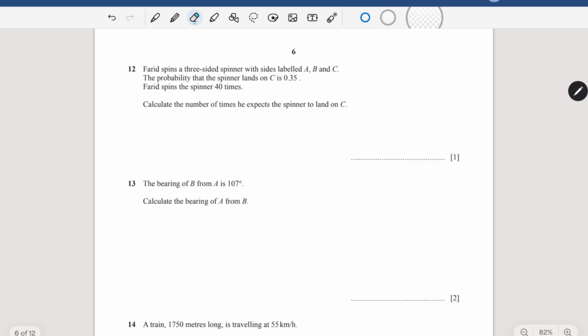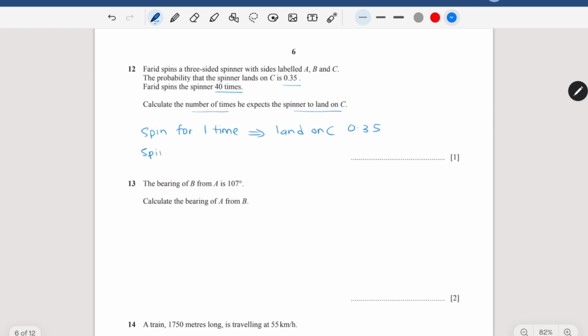Question 12. Farid spins a 3-sided spinner with sides labeled A, B and C. The probability that the spinner lands on C is 0.35. Farid spins the spinner 40 times. Calculate the number of times he expects the spinner to land on C. So, if we spin the spinner one time only, the probability it will land on C is 0.35.